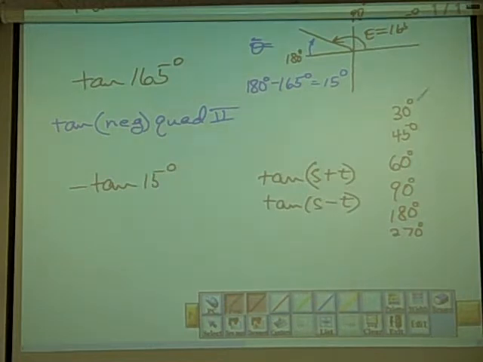So we want to look at, since it ends in a 5, we know it has to be 45. So that would give us 45 and also 30. And since this is a positive 15 degrees, then we would be working with a negative tangent, 45 degrees, and we are going to subtract, right? Because 45 minus 30 is 15.